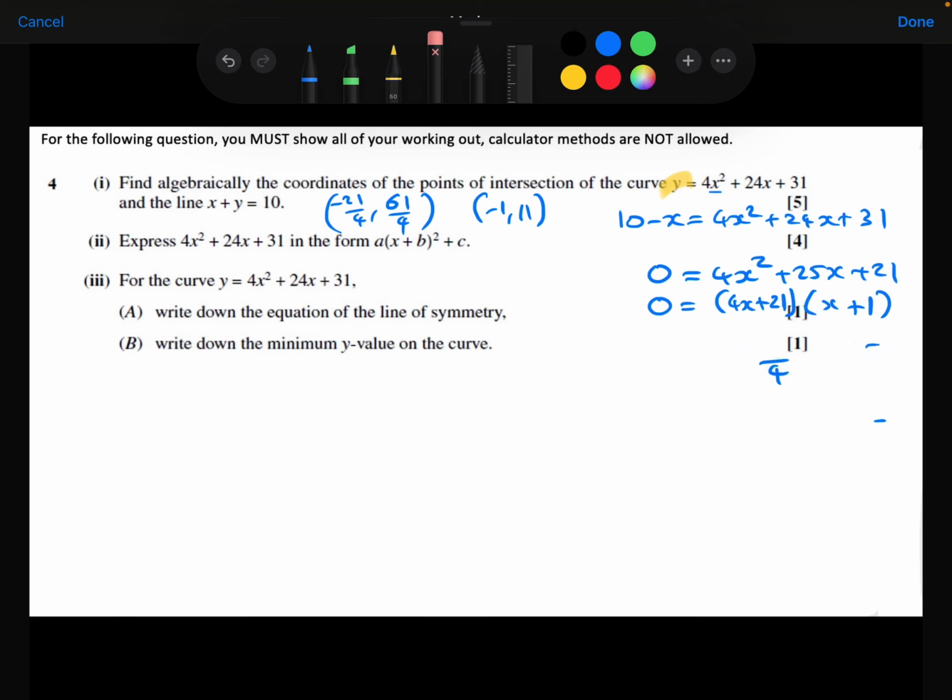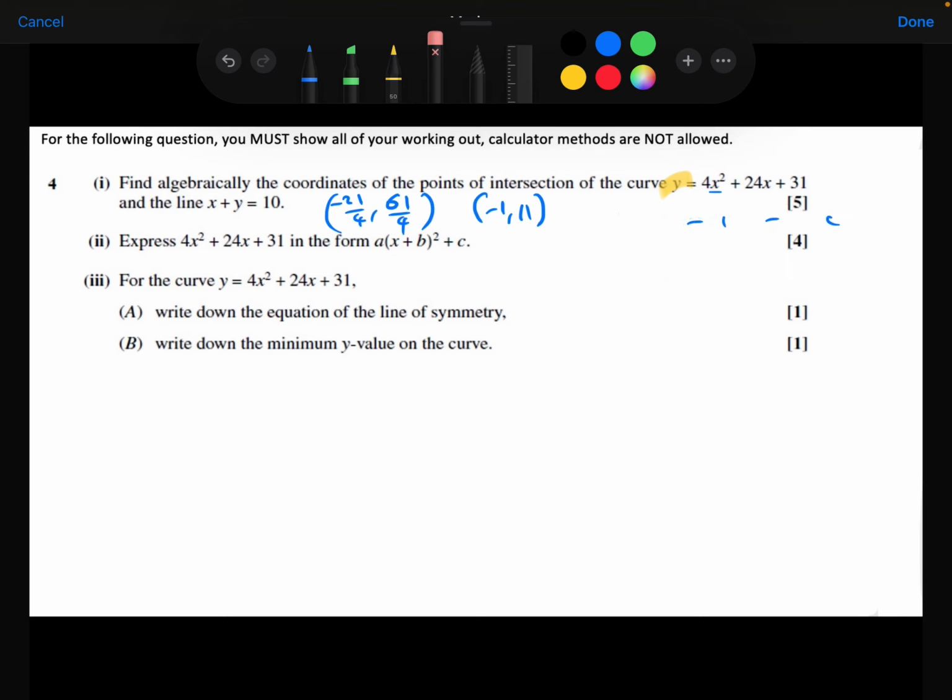Right, part II, or part 2. It says express 4x squared plus 24x plus 31 in the form a, x plus b, all squared plus c. So that's completed the square form. So I want to complete the square on this.